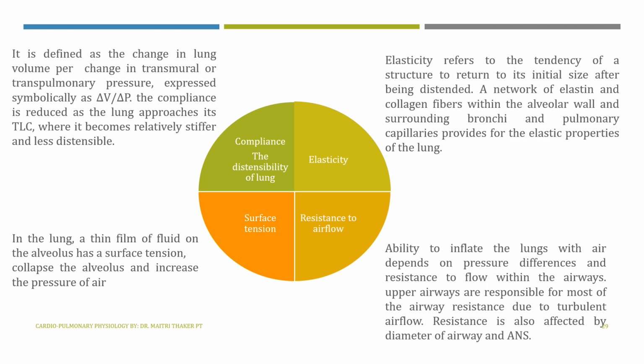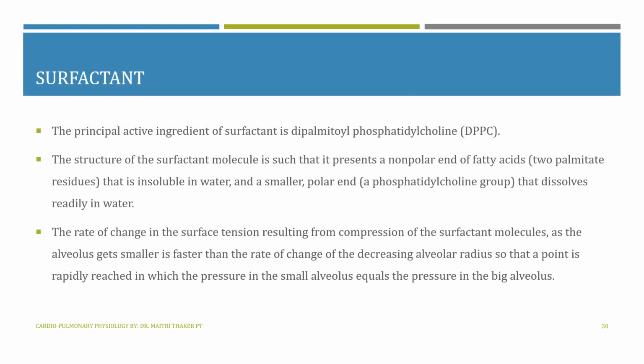So what is surfactant? Let's understand that. The principal active ingredient of surfactant is DPPC, that is dipalmitoyl phosphatidylcholine. I know it is a very difficult name, but you can remember it by DPPC. That is the main component of the surfactant.